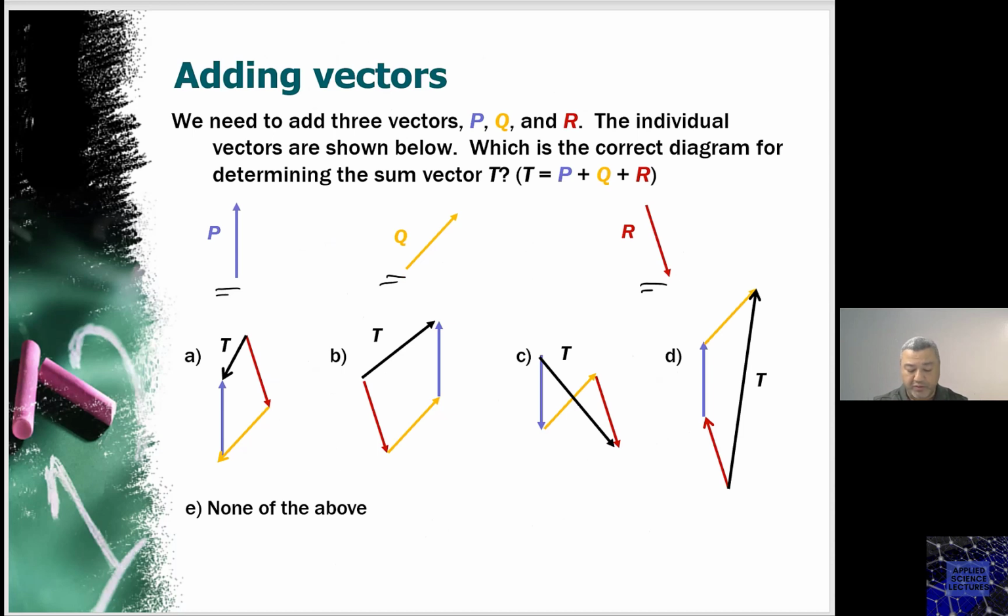Which one of those figures represents the correct answer to P plus Q plus R? Is it A, B, C, D, or E? And why?